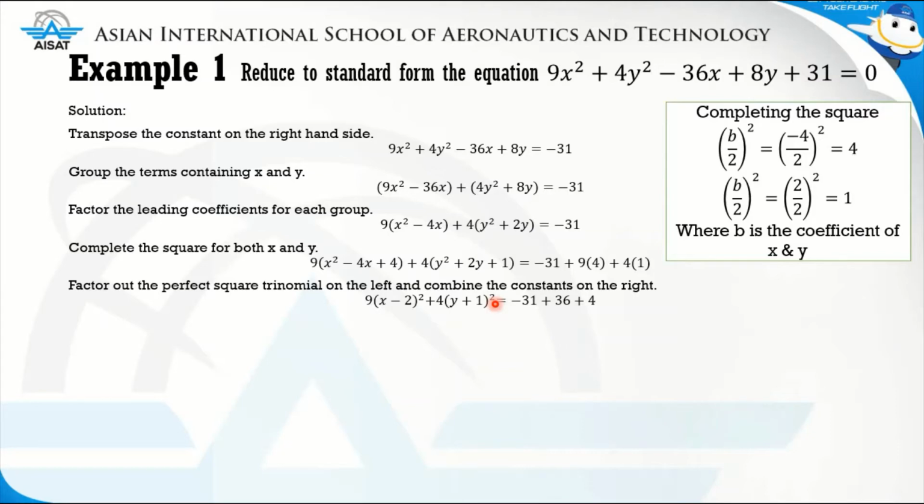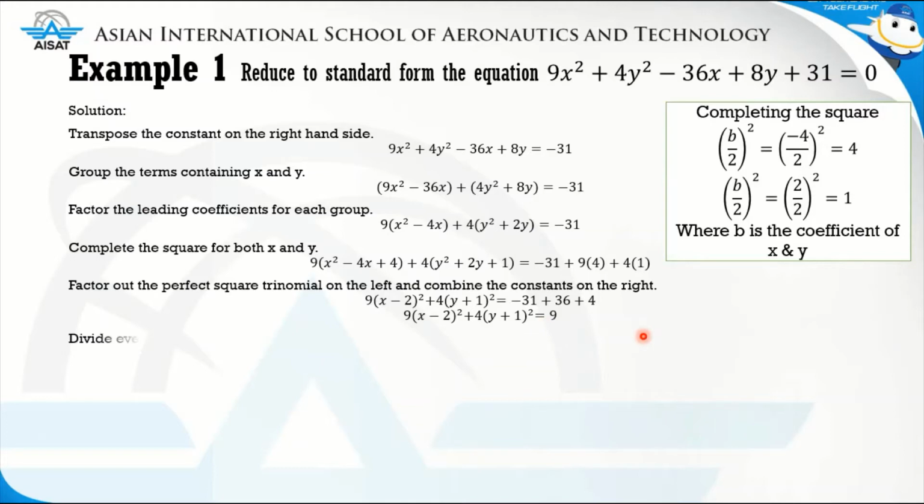And on the right side, we have negative 31 plus 36 plus 4. Now, adding all these constants, we will have 9 times x minus 2 quantity squared plus 4 times the quantity of y plus 1 quantity squared is equal to 9.